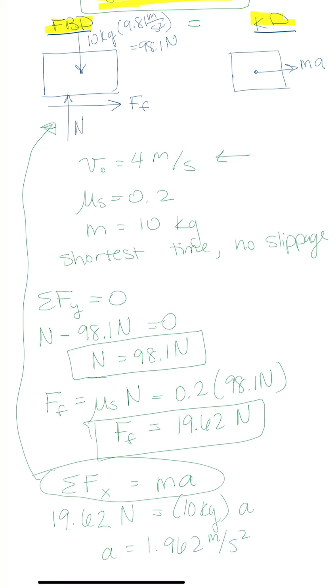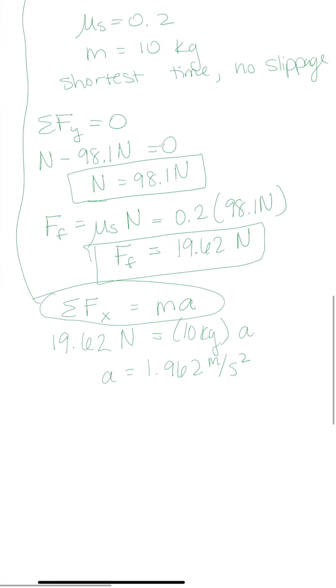And so now we have the initial velocity. The final velocity is just going to be 0. And we have the acceleration, we just need the time. So now we can go back to our kinematics equation. V sub f equals v naught plus the constant acceleration times time. The final velocity is 0.